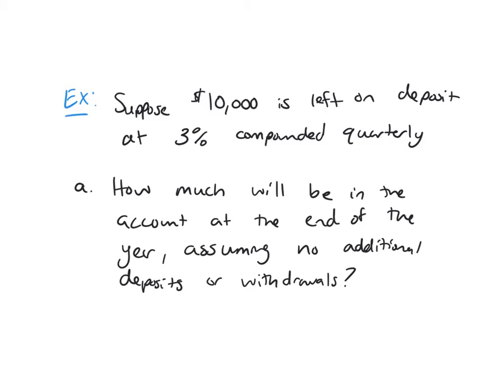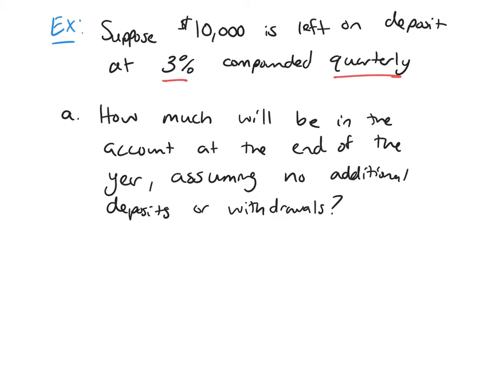So here, look at your interest rate, 3% compounded quarterly, right? So you remember we take I, your interest rate, divide by M, the number of times you compound, 3% over 4, or 0.75%. Now convert that to a decimal.